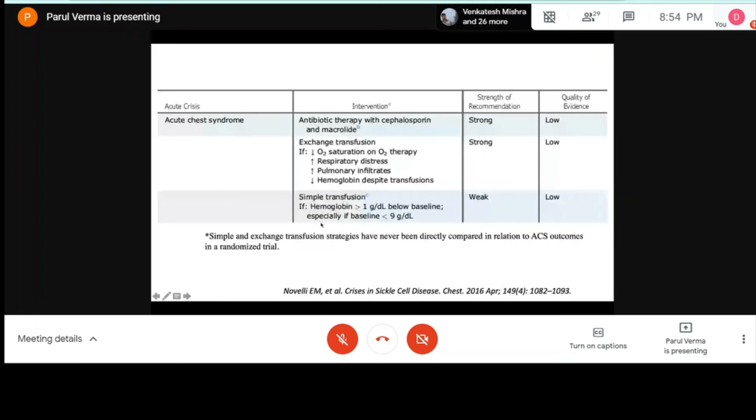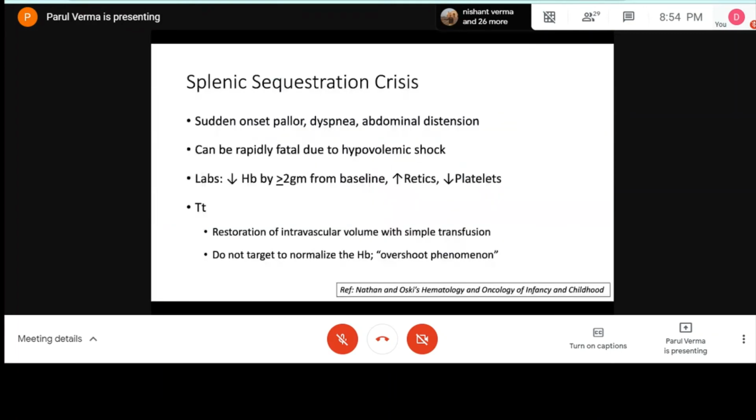If the hemoglobin is more than 1 gram per dl below the baseline for that child, especially if the baseline for a particular child is less than 9, you will have to transfuse with packed RBC. Simple and exchange transfusion strategies have never been directly compared head to head in a randomized trial, so whichever is available can be used.